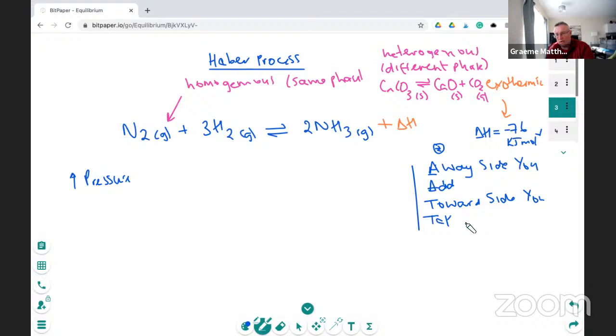This is not the definition of Le Chatelier's principle, but it's a good working thought pattern: away from the side you add.